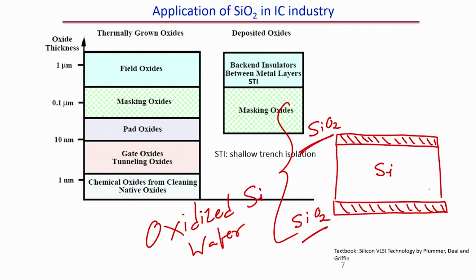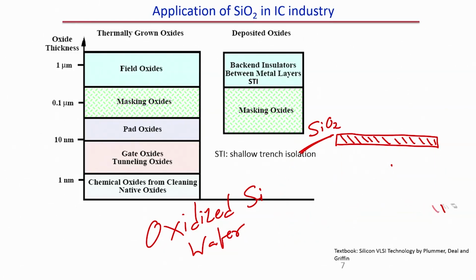right. You can also grow silicon nitride. But silicon dioxide is heavily used in the IC industry, and that is why we need to see how silicon dioxide is grown, and second, what thicknesses of oxide are used for different processes. Okay. So, let us see. Now, why do we have to grow silicon dioxide?